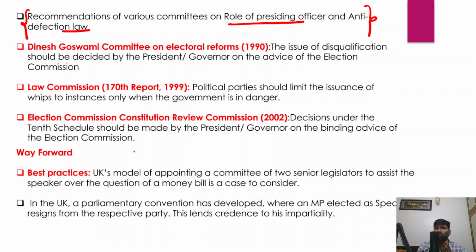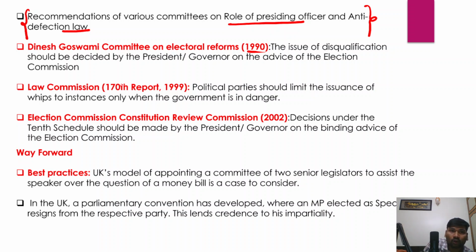And in fact, the Dinesh Goswami Committee on Electoral Reforms 1990 has held that the issue of disqualification should be decided by either the President or Governor, but it should not be given to the Speaker of the House, because the Speaker is from the ruling political party, and therefore there is a chance of bias, or they might favor the ruling party.